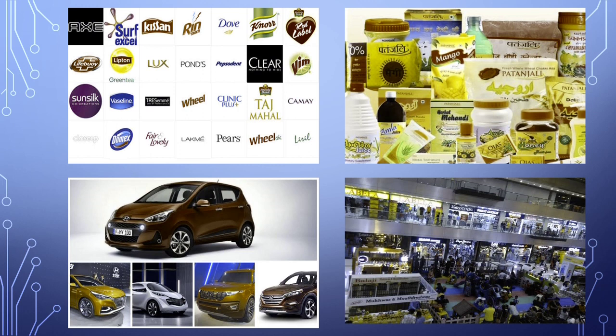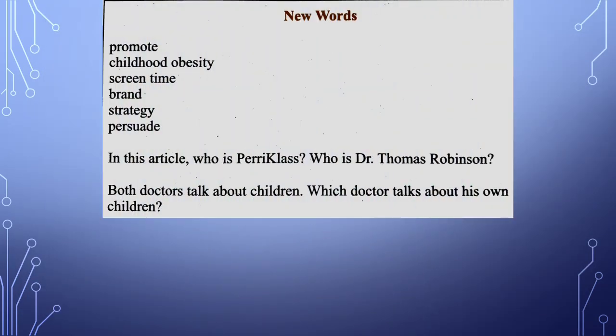So dear students, now we are coming to the end of the video lecture, and now it's time for you to take a homework. So this is the last part of activity 1. Six new words are given: promote, childhood obesity, screen time, brand, strategy, persuade. I want you to learn these 6 words, try to find the meaning, and if you don't find the meaning by the help of your dictionary or internet, I will help you out surely, but I want you to try it first.